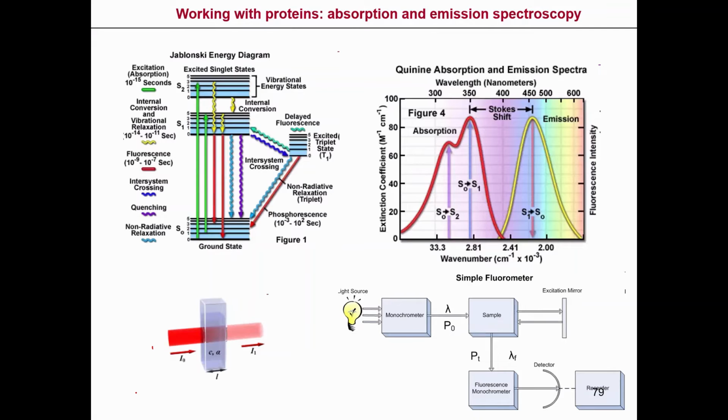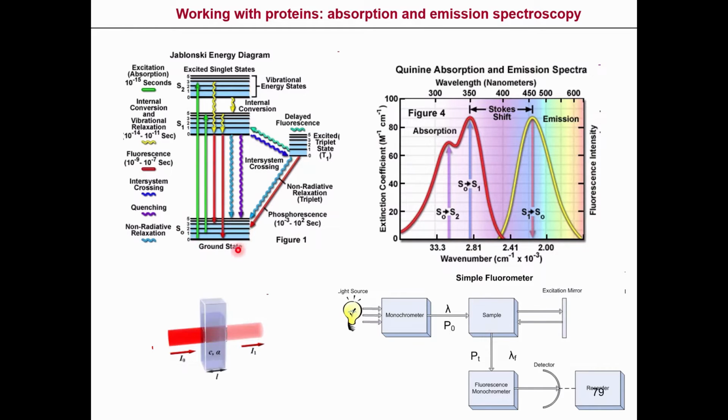So we will talk about UV-visible spectroscopy, and it refers to the absorption spectroscopy in the UV-visible region. That means that it uses light in the visible, and in this region of the electromagnetic spectrum, molecules undergo electronic transitions.